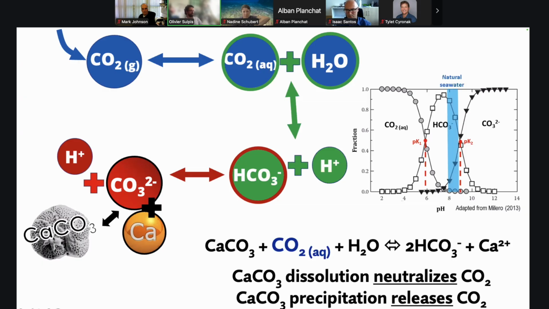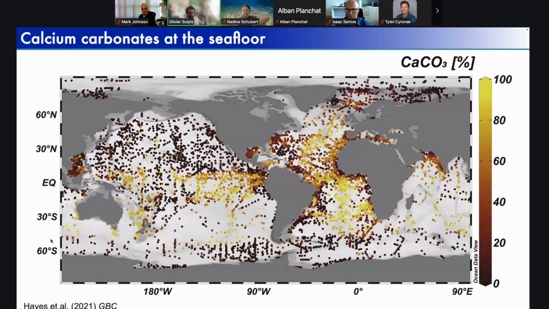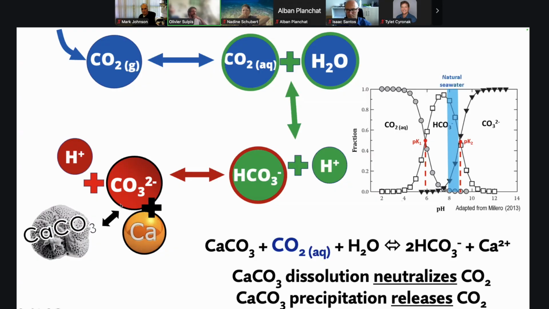So what happens when calcium carbonate dissolves? If we start this chain of reactions at the bottom, let's say we add a calcium carbonate shell in seawater, it dissolves, and we are releasing some carbonate ion. That carbonate ion, because it's not totally stable in this seawater, will react with some proton to give some bicarbonate ion.